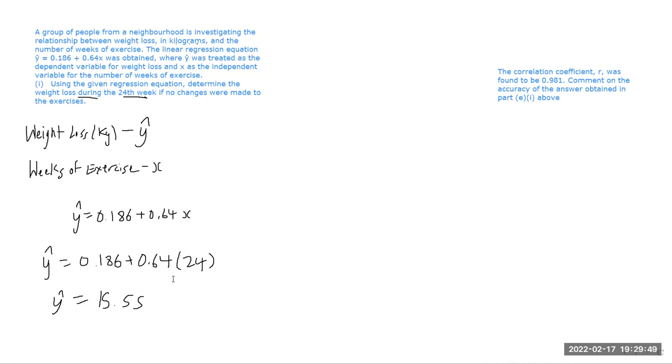Very good. And we don't know if it's pounds or kilos. Oh yeah, it's kilogram. They told us it was kilogram at the top. So in 24 weeks, somebody would lose 15.55. That's a lot of weight.